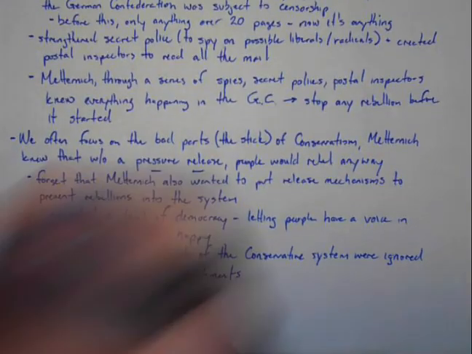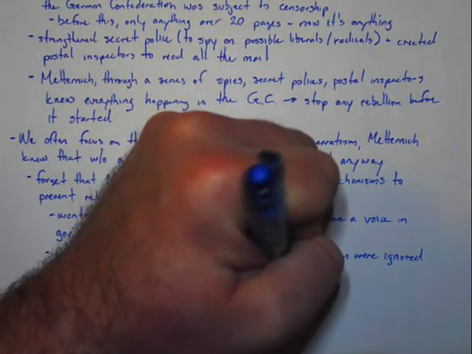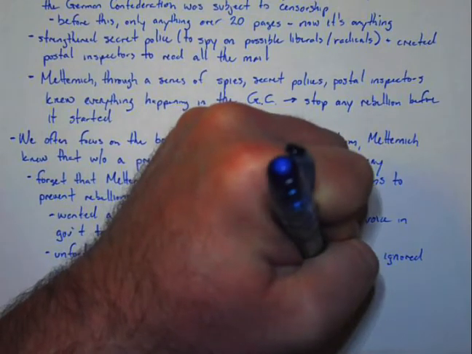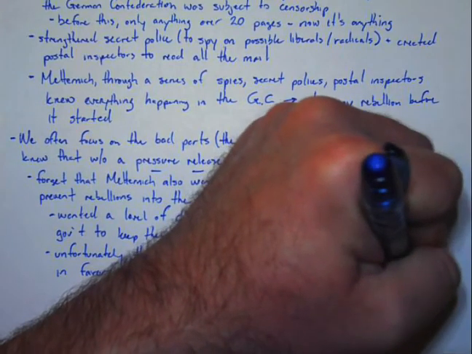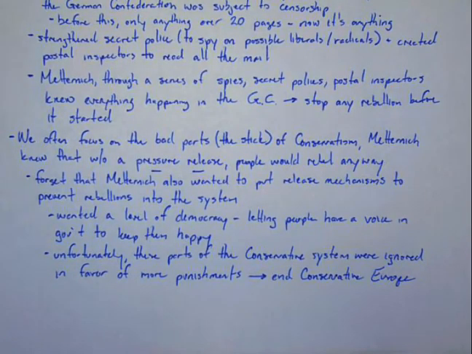And ultimately, that is going to end conservative Europe. But we're not there yet. So we'll get to that point. But the lack of a pressure release, giving people some say in the government, is ultimately what's going to cause this system to come crashing down. Metternich knew that that would cause the system to crash, but nobody implemented the stuff Metternich wanted to implement. And so it ends up falling apart.